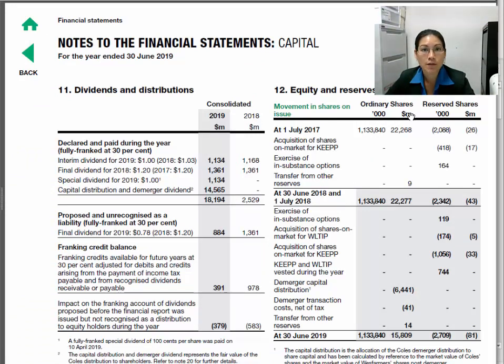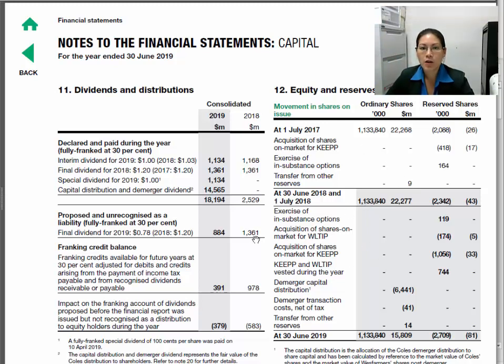Even though they've expressed the dollar value in millions, the number of ordinary shares is expressed in thousands, which means when I enter this into my spreadsheet in the preparation section below, I'm going to have to convert it to millions because I want it expressed in the same denomination as my figure. So when I come to do the ratios, I don't have to think about it. I can simply just click in and link it.